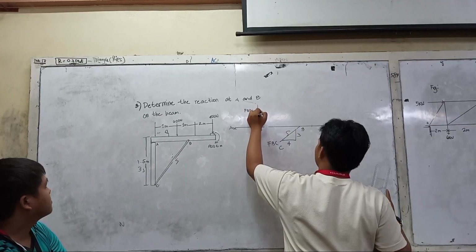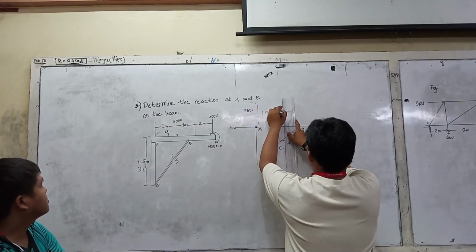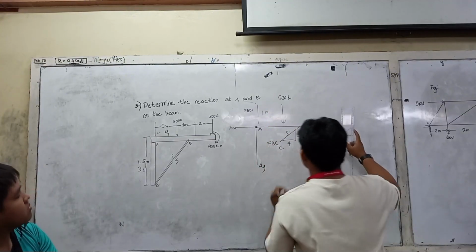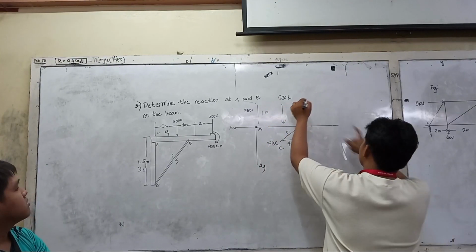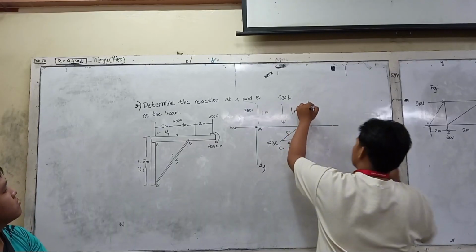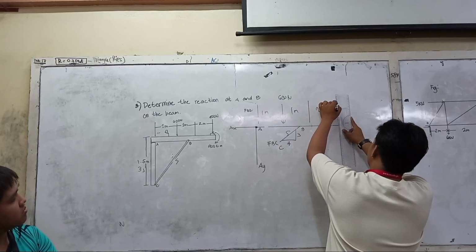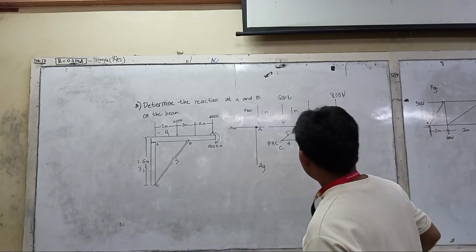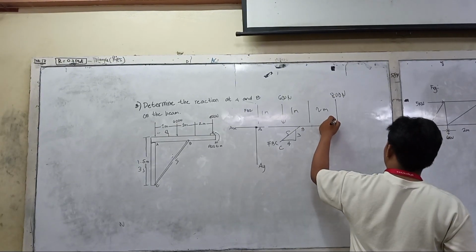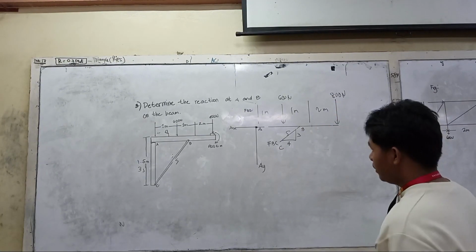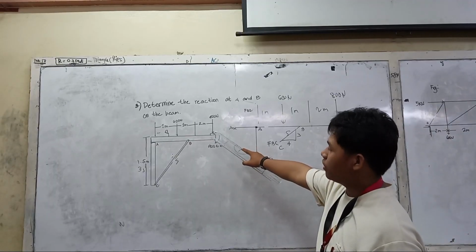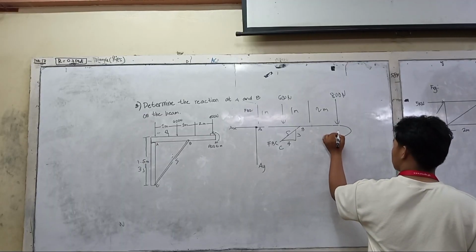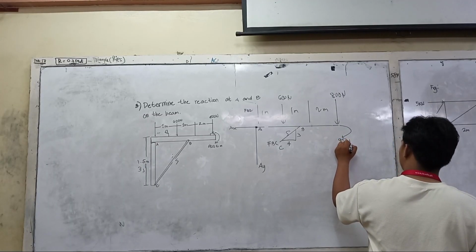This is the 1 meter, the 600 newton force, then 1 meter, then 2 meters, and the 800 newton. It's going down. And here you can see is a clockwise 900 newton meter.